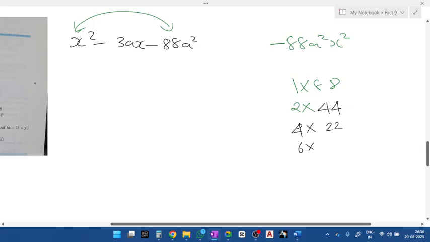Bhargavi, 4 into 11 is 44. Look at the value. It's 88. Okay, 6 doesn't go, students. 7 doesn't go. What about 8, students? 8 into what gives 88?